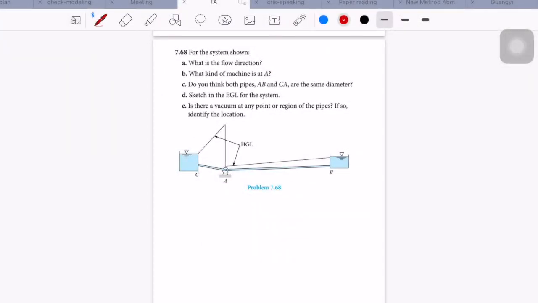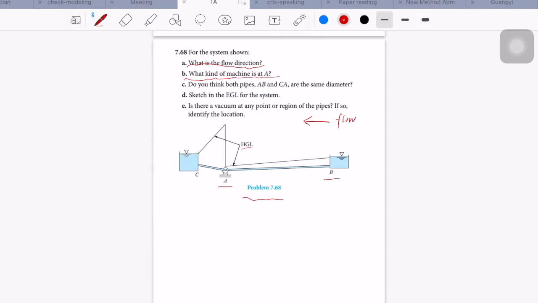For the second problem, A, what's the flow direction? From this figure, we can see the flow direction is from the right to the left. Since the total head should decrease in the flow direction, and we can see the HGL decreases from B to A, the flow direction is from right to left. And B, what kind of machine is at A?